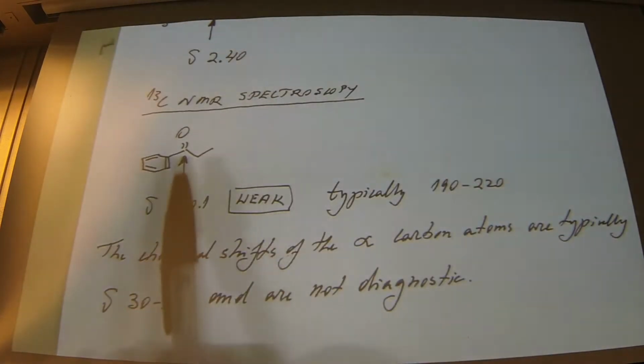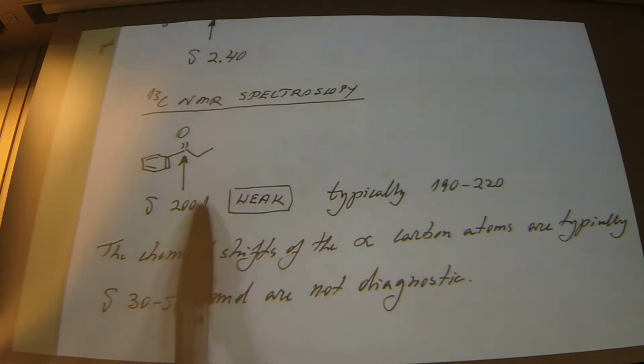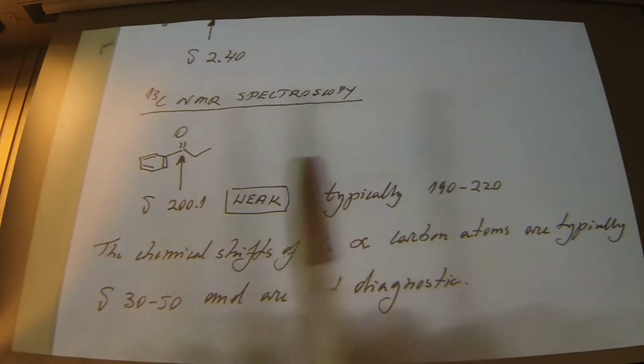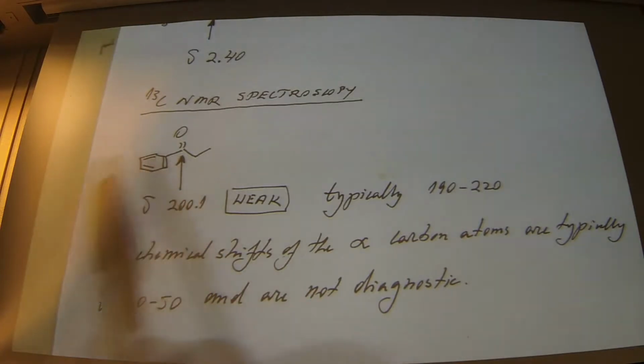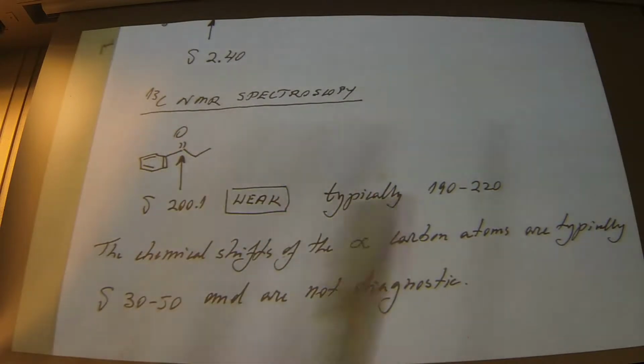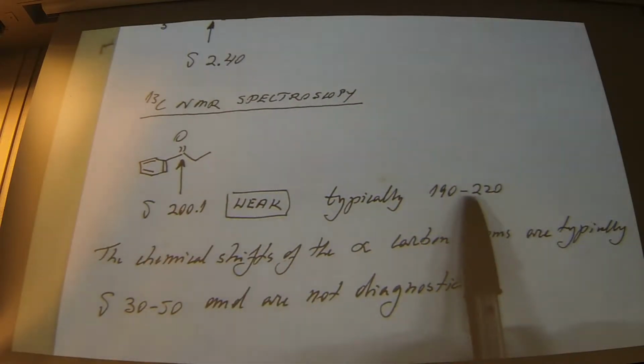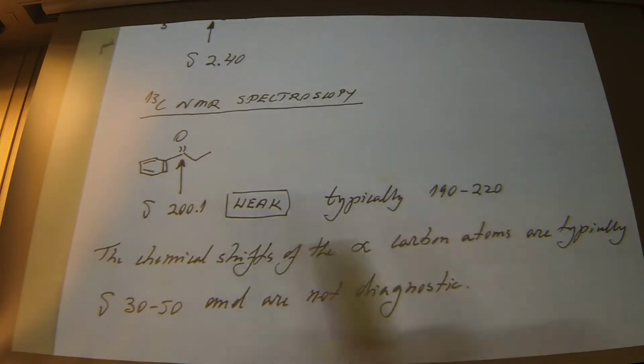For the C13 spectrum, recognize also that the carbonyl carbon atom is typically the weakest signal in your spectrum, because remember that in C13, the intensity of the peak correlates with the number of hydrogens attached. And since there are no hydrogens attached, this is usually a very weak peak. It's also downfield. For ketones and aldehydes, it's usually around 200.